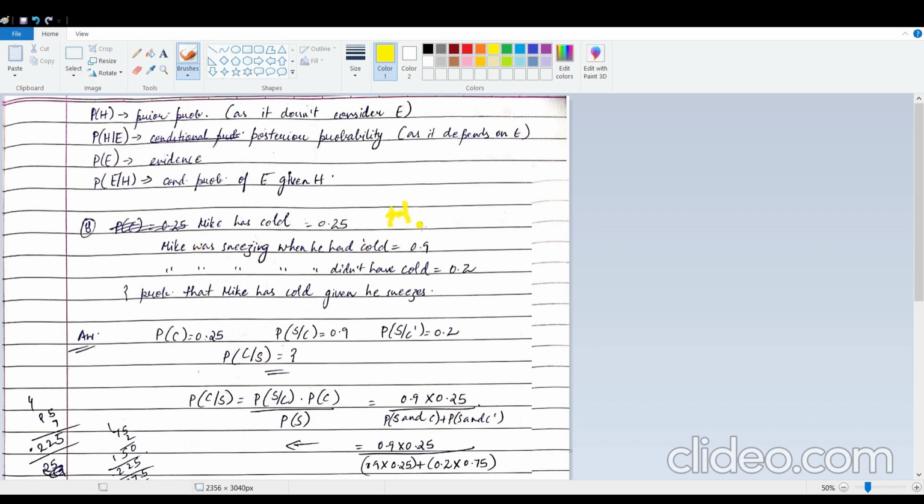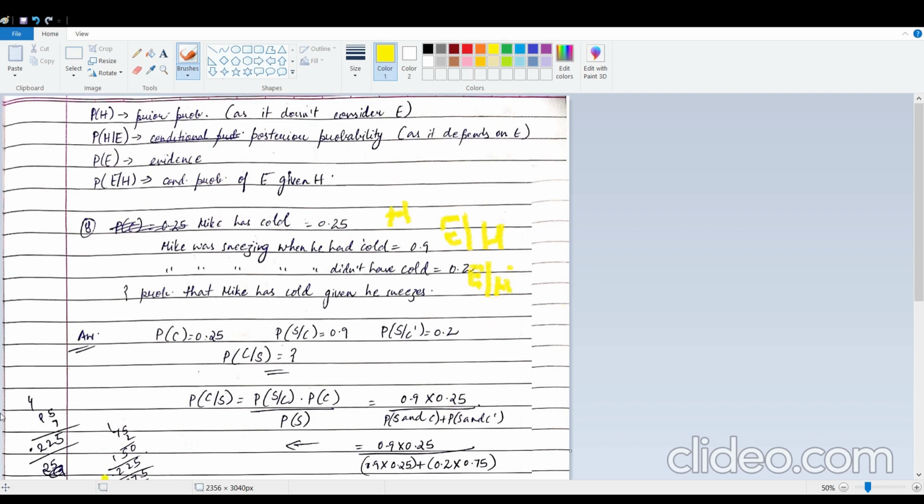Now sneezing when he has cold, so sneeze here should be my evidence. So this is E given h. What is this? This is E given h dash, because this is Mike sneezing when he did not have cold. So this is E given h dash.